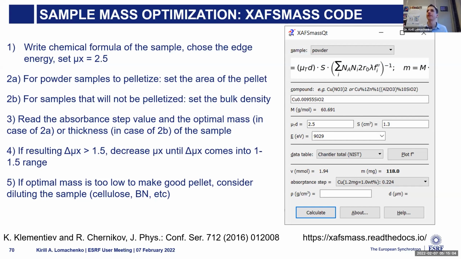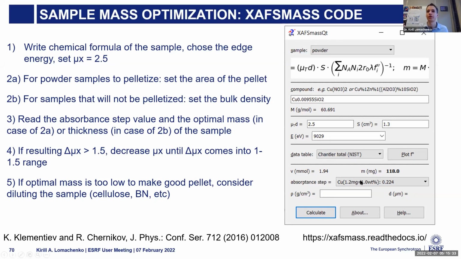You will need something like 30 milligrams at least, or better 60. But if you make a pellet with 60 milligrams of such powder, you will absorb everything, and the measurements will be bad. So you will need to use something to dilute the sample, like cellulose or boron nitride or diamond powder, something like this. So you'll get an idea whether you need to use these techniques or not for your experiment.